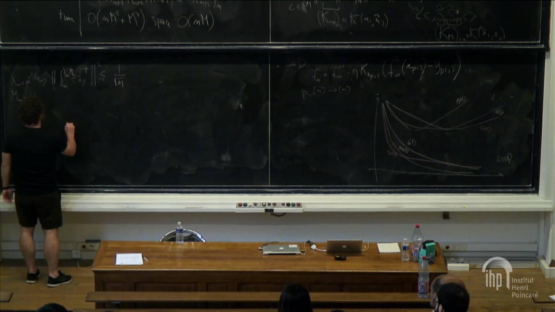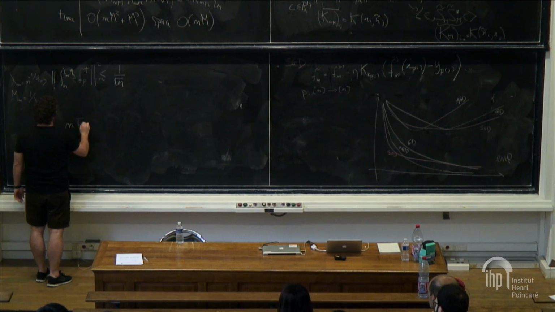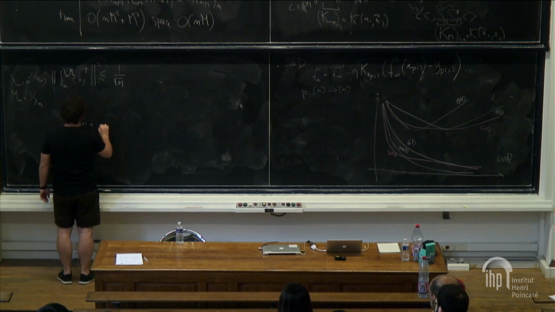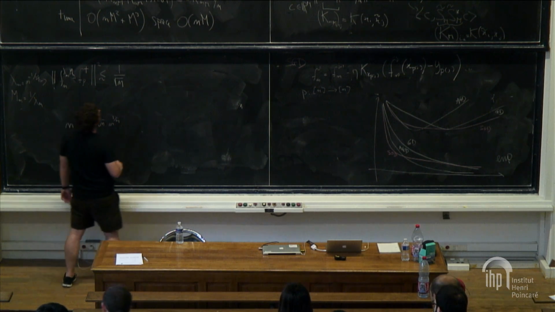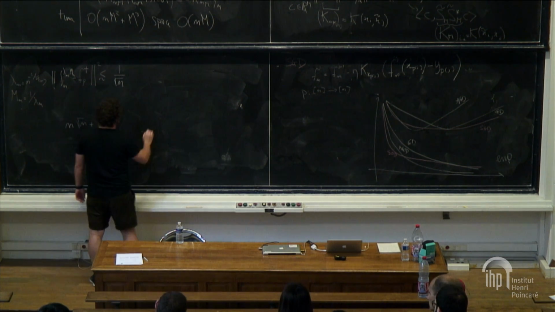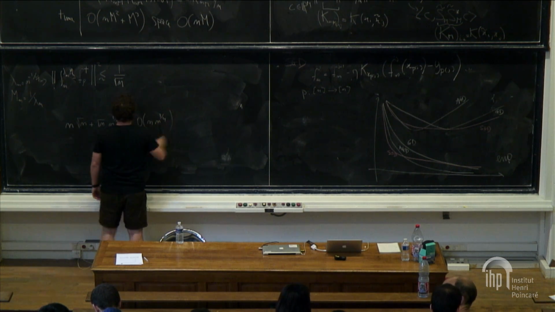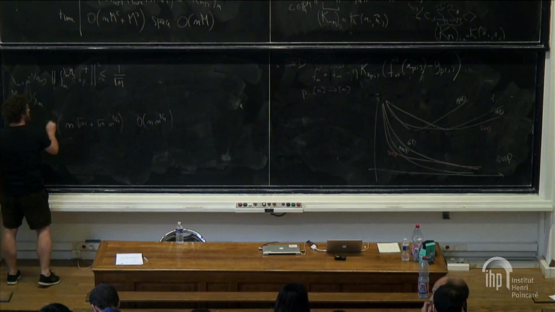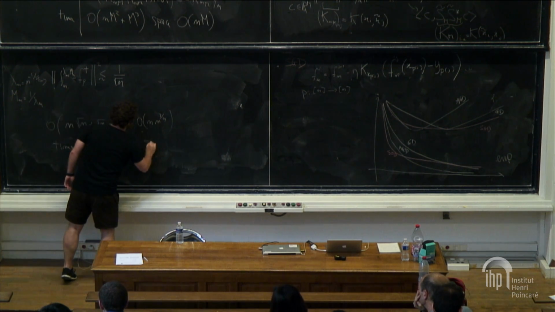And you see that now we get much better complexity. Essentially, the complexity needed to get optimal statistical rates is this. So this is the time complexity, and this is the space complexity.